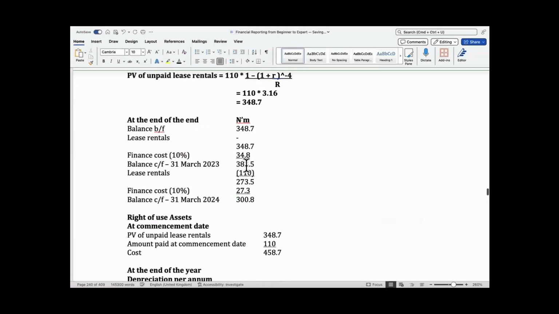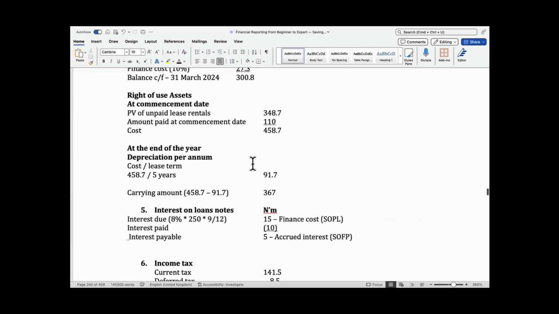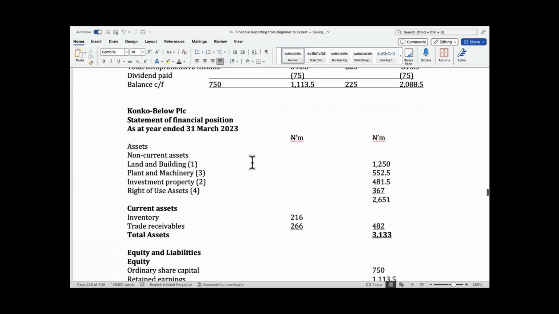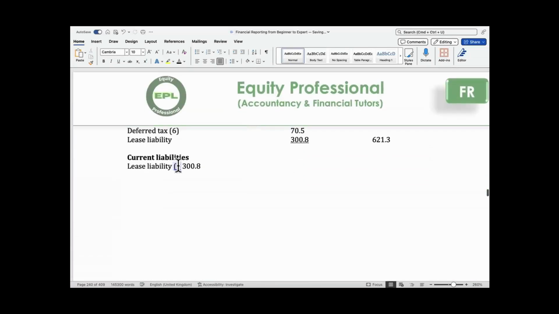Yeah, from this 383.5, which is the liability we are splitting. So what's the difference? 82.7. That comes in as my lease liability.